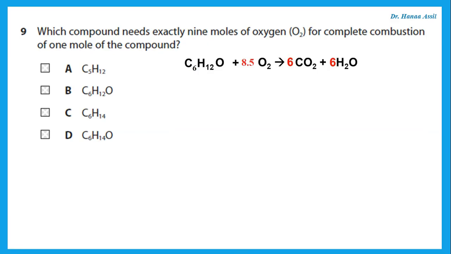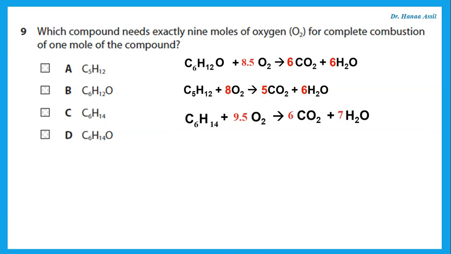So that first one needs 8.5. The second one, if you balance it, needs 8. The third one needs 9.5, and it is this last compound. If you write out the equation and balance it, you will find that we need 9 moles of oxygen.